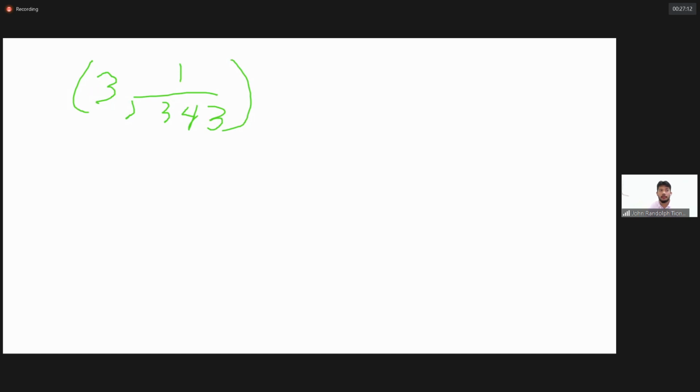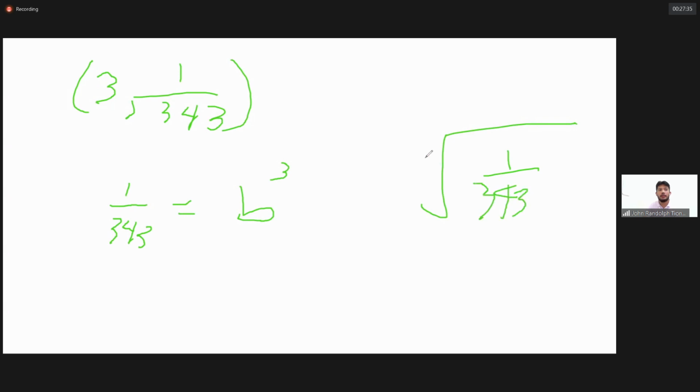It's 1/7, guys. Okay. So 1/343 equals b to the power of 3. Okay. Or 1/343, that is 3 there, meaning to say that's cube root. Cube root of 1/343. Check your calculator. Cube root of 1/343 is 1/7.